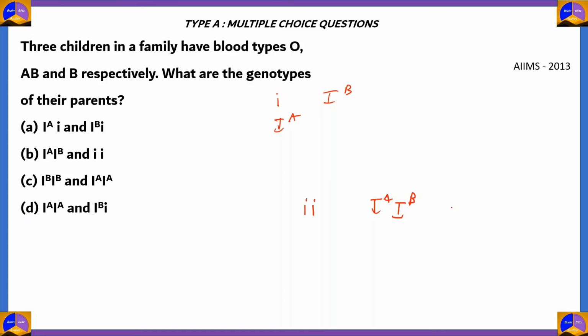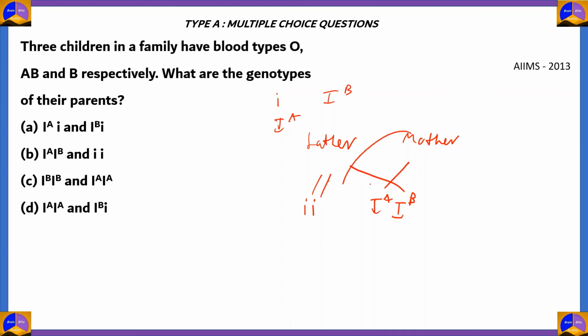And for the second person to have both like this. So we just need to find out O and AB in order to understand that both the father and the mother need to have at least one of both.